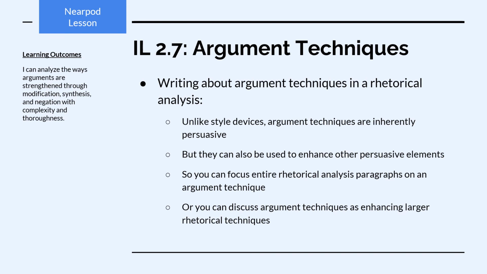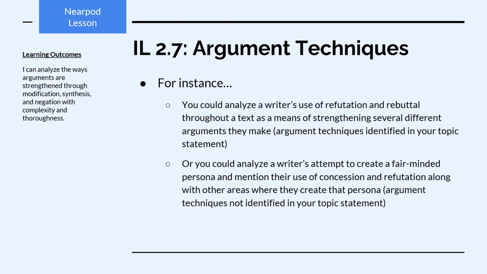So when you write about an argument technique, you can focus an entire rhetorical analysis paragraph on a single argument technique, or you can discuss argument techniques like you would style devices as enhancing other rhetorical techniques. For instance, you could analyze a writer's use of refutation and rebuttal throughout a text as a device, as a means of strengthening several different arguments that that writer makes.